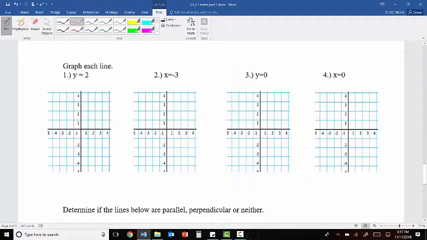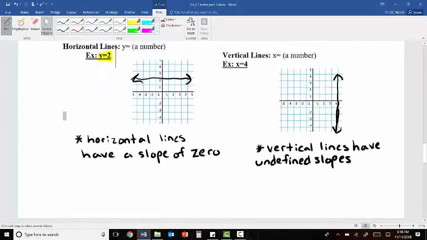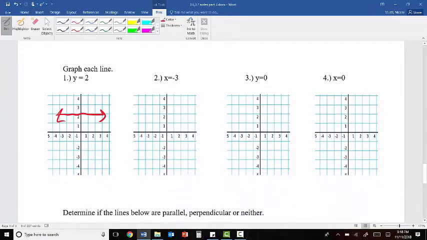So if we really quick go through and graph each line, it means all the y values stay as 2. So 2's for everything. All the x values stay as -3. So it's going to look like this. -3 for all my x's.